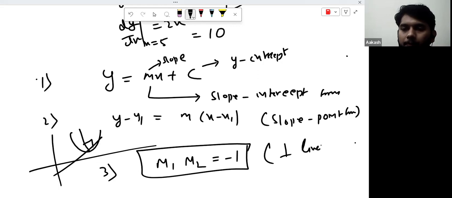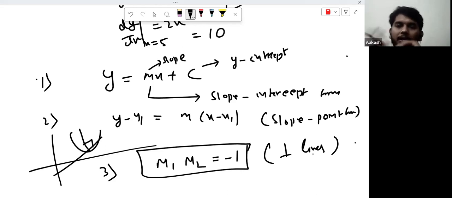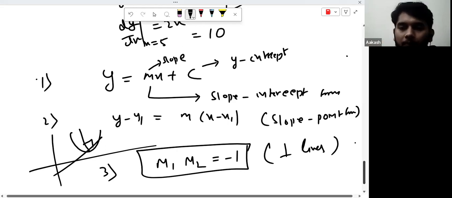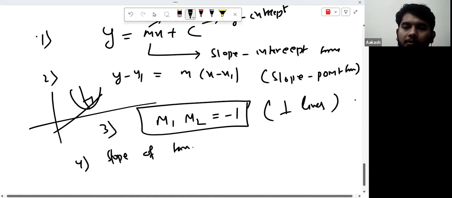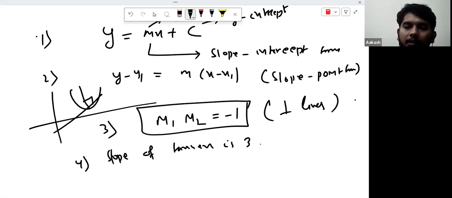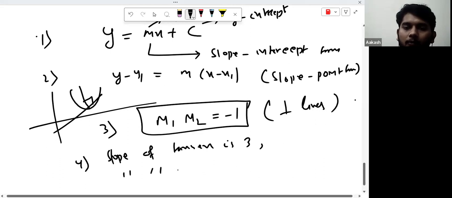Okay, so if you know the slope of tangent, then the slope of normal is the reciprocal with a negative sign. If slope of tangent is 3, let me write it. Slope of tangent is 3, then slope of normal is -1/3.